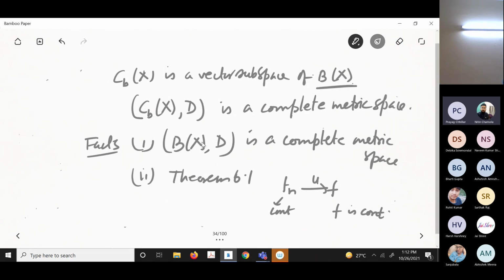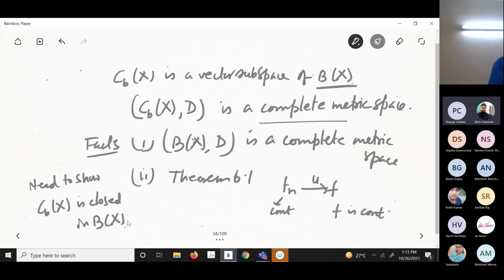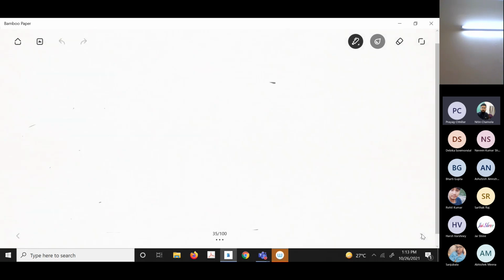Now look, all I need to show is that a closed subset of a complete metric space is complete. That we have done. This is a very simple thing. Just use the definition. So I need to show CB(X) is closed in this metric space, closed in B(X). Okay. That means you take f belonging to the closure of CB(X) in B(X).